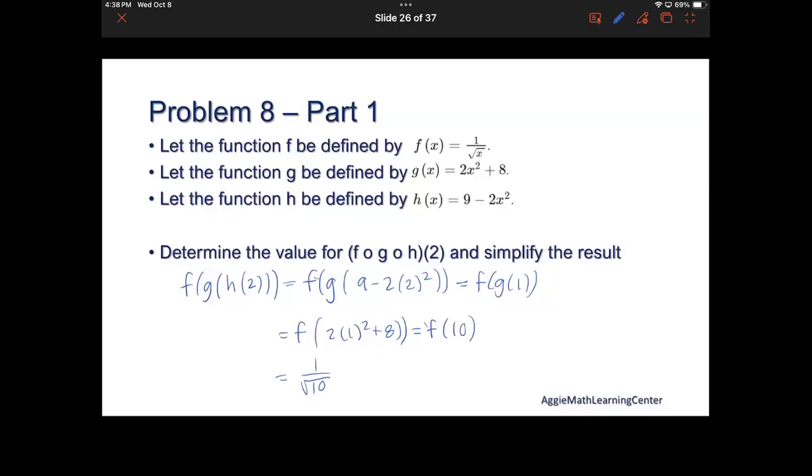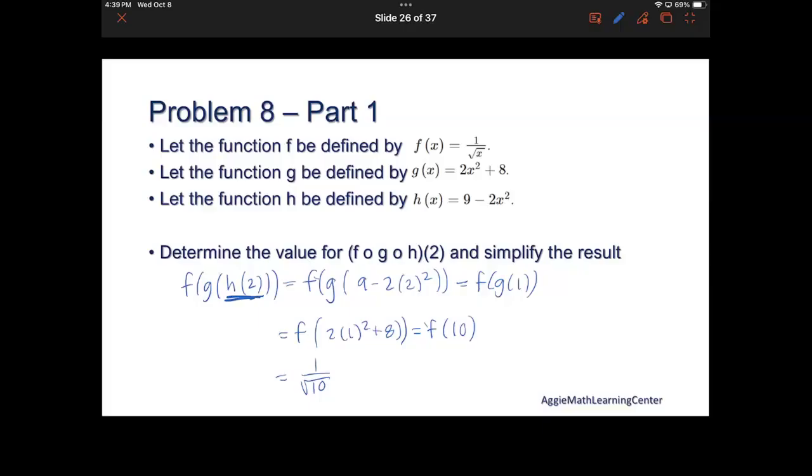Do you want me to gesture at anything? So you're just going from right to left, pretty much plugging in. Yeah, that's kind of how the notation teaches me to do it. I'm going from inside to outside more than from right to left, because this function is nestled inside all of the parentheses.